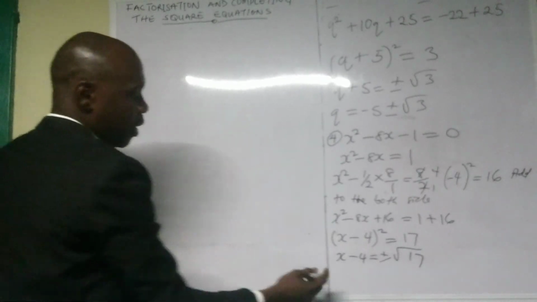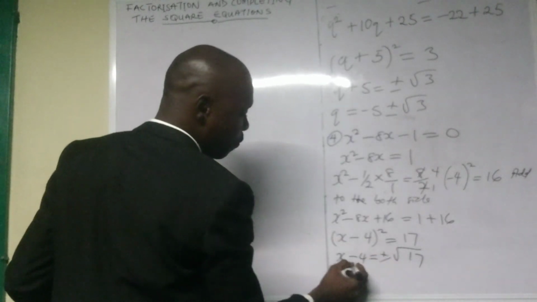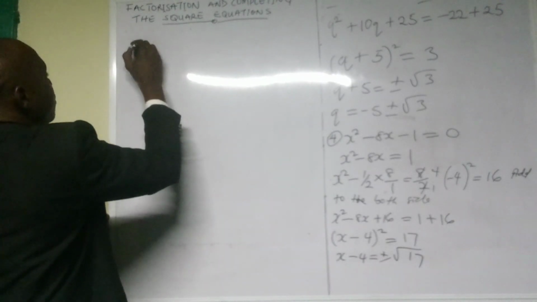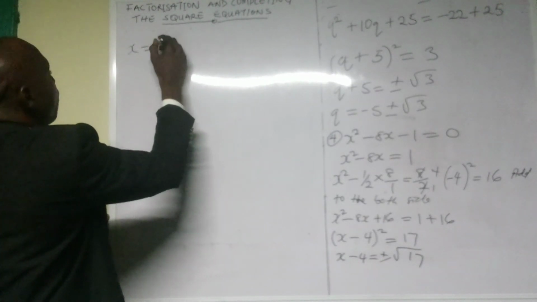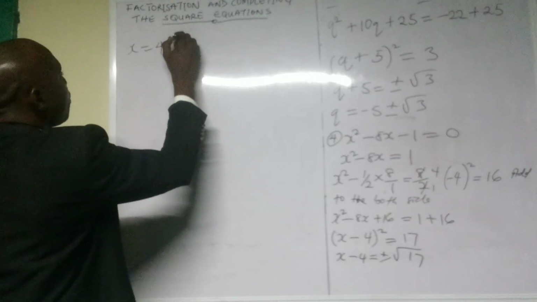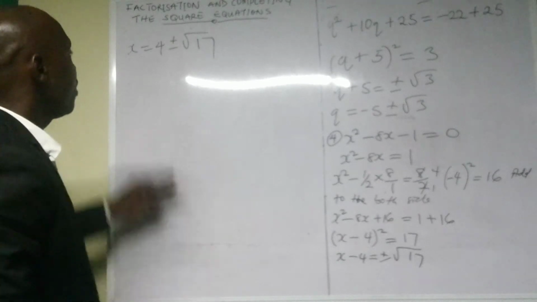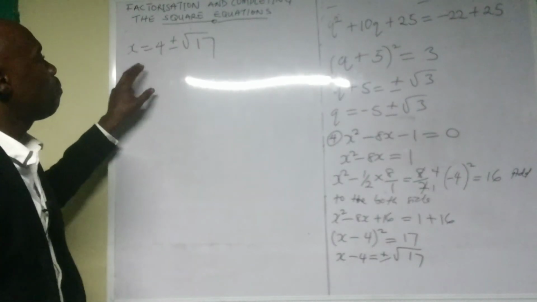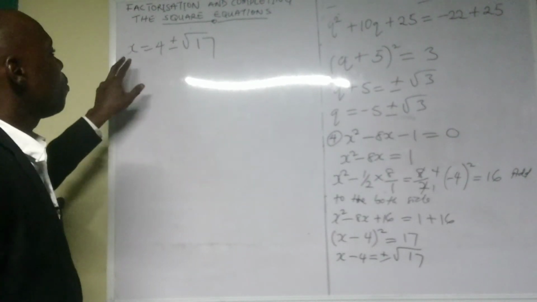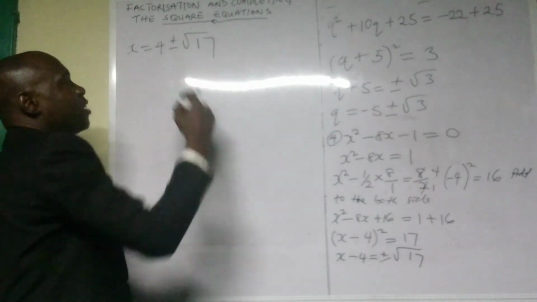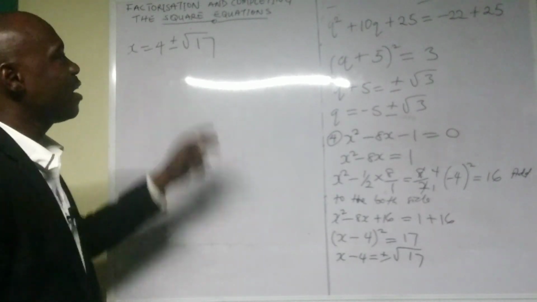So we have x minus 4 equals plus or minus root 17. It will now give us x equals 4 plus or minus root 17. So with this equation now, this is factorization, and with this answer we can't go further. We can't get the square root of 17 because it's a non-rational equation.